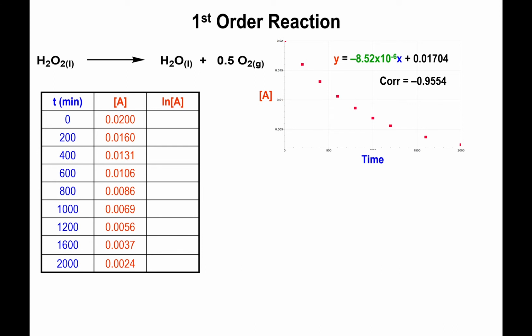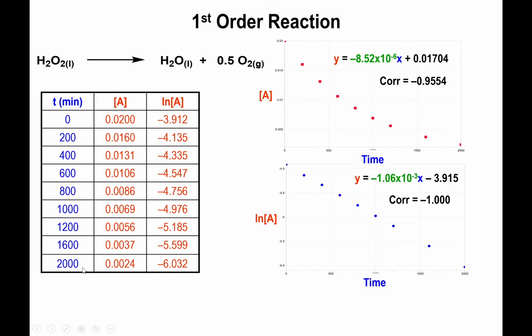All right, so if we take the ln of the concentrations, and I would recommend doing that using Excel, Logger Pro, or some other program to save you some time, you will end up getting the following values. Now, plotting the natural log of A, which is basically all the negative values you see here, versus time, gives you a very linear looking graph.